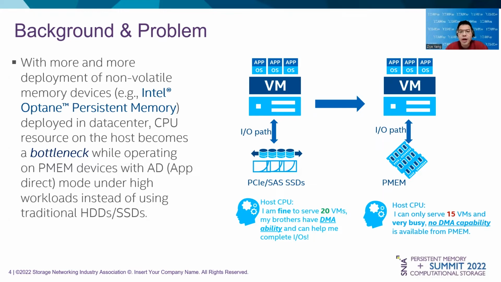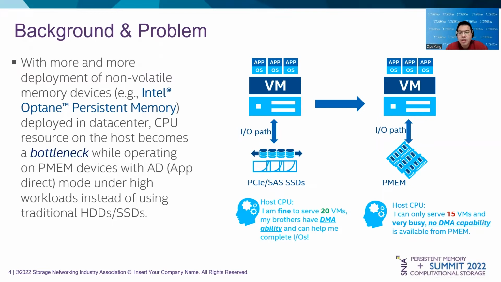In the right part, we give a diagram to compare why the CPU drives operations on traditional SSDs or persistent memory differently. In the left diagram, the host CPU says, I'm fine to serve 20 virtual machines.